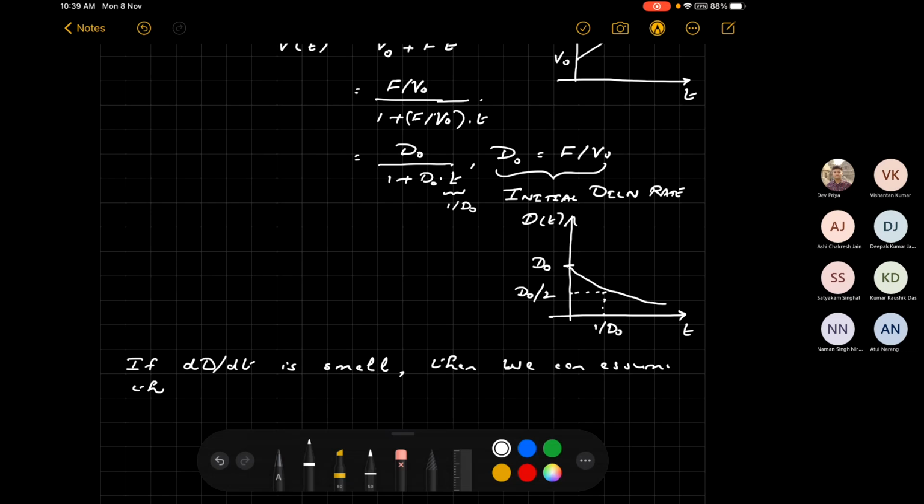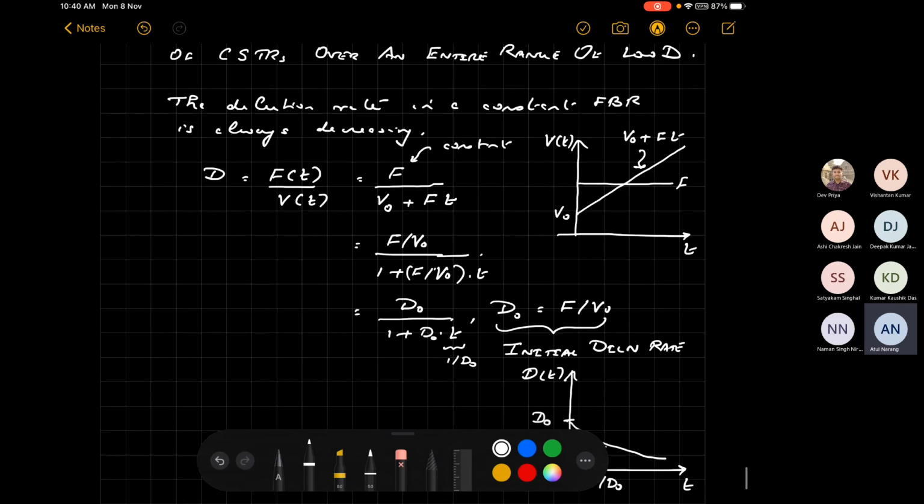that the reactor is always in a quasi-steady state. What do I mean by that?